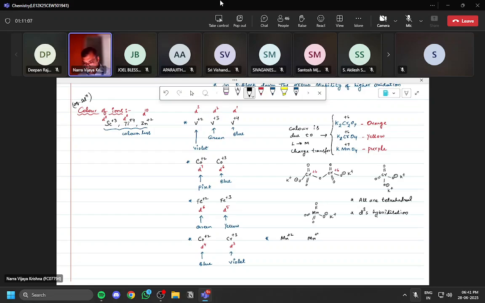In case of manganese plus 2, D5; plus 3, D4. Manganese plus 2 color, pink or buff colored. Manganese plus 3, violet.